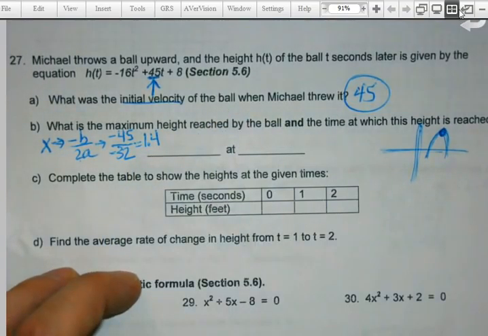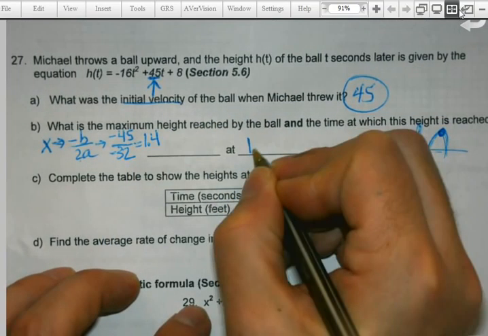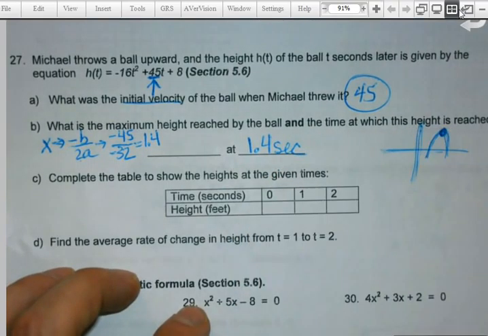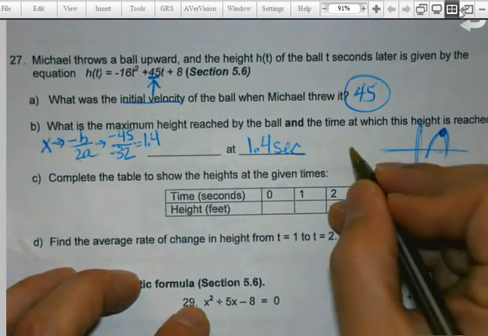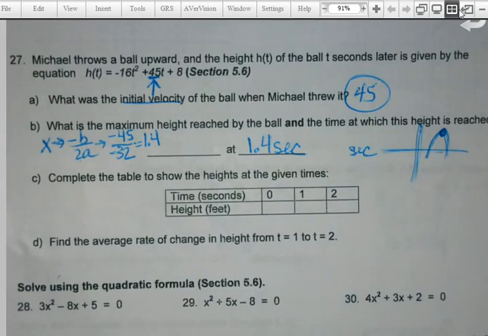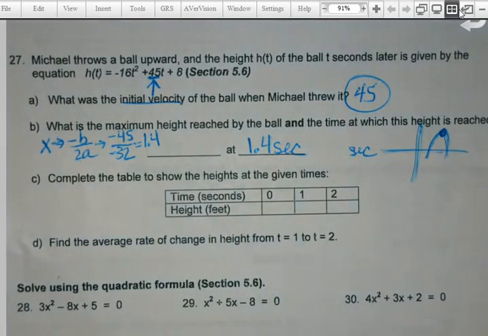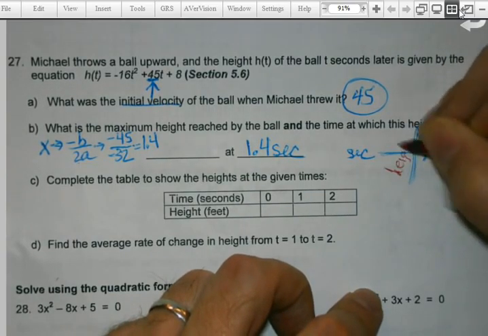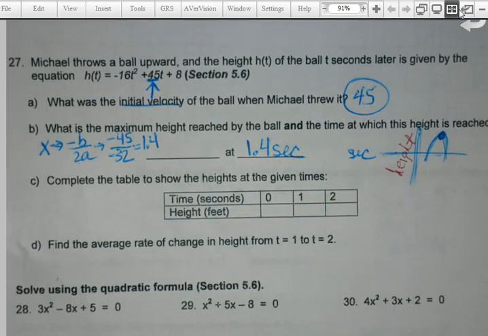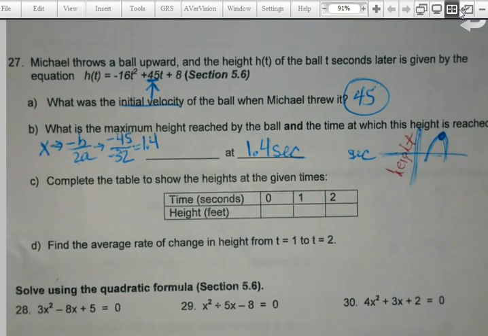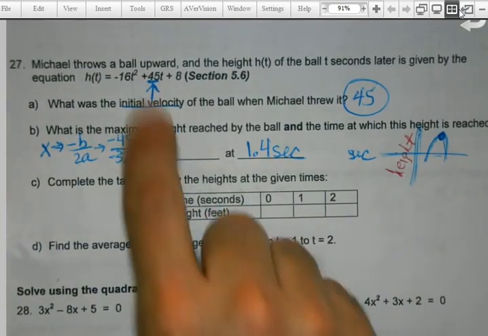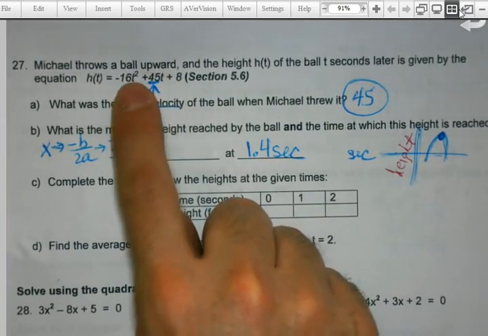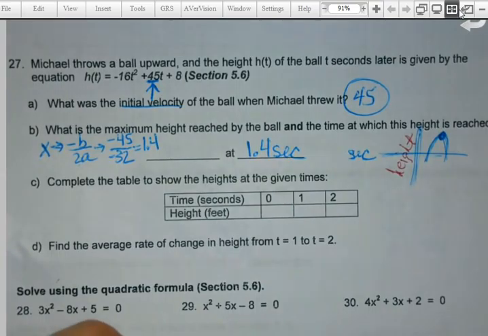So that 1.4 is the amount of time, how long it will take. My seconds are going along the x-axis, how long it's going to be. My height, excuse me, how high it goes, up and down the y. So I need the y. Here's your options. You can either plug 1.4 in for t on both of those, and whatever answer comes out is going to be the height.